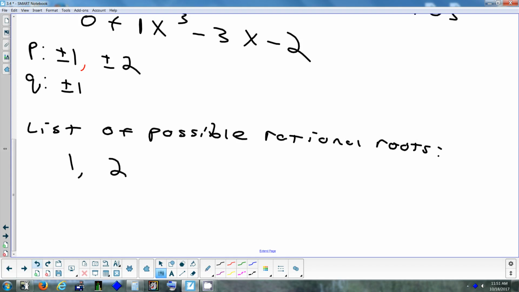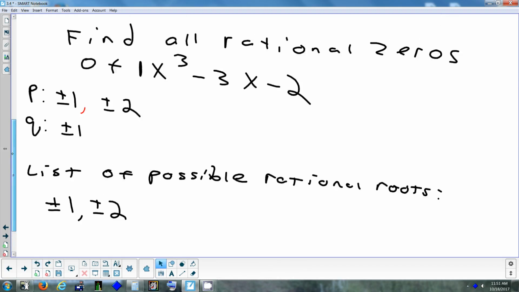So I agree, 1 over 1 is 1, 2 over 1 is 2. The negatives. So, when we graph this, if this graph is going to cross at a nice answer, it has to be either positive 1, negative 1, positive 2, or negative 2.